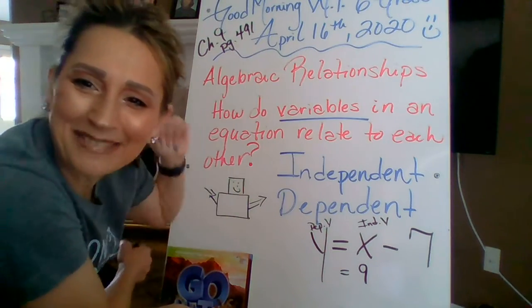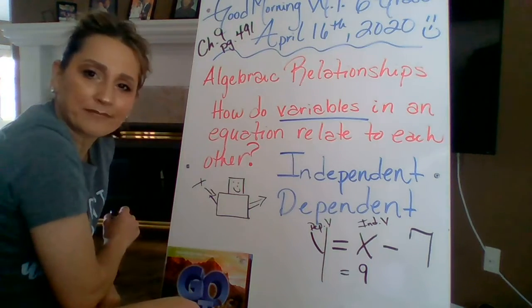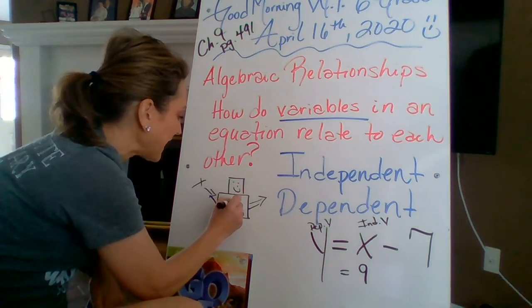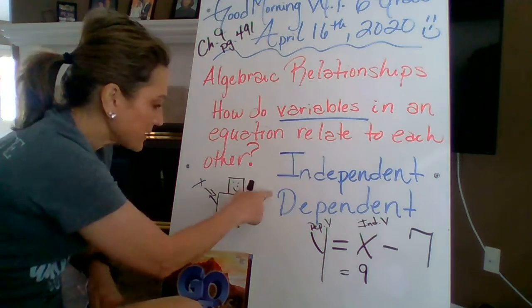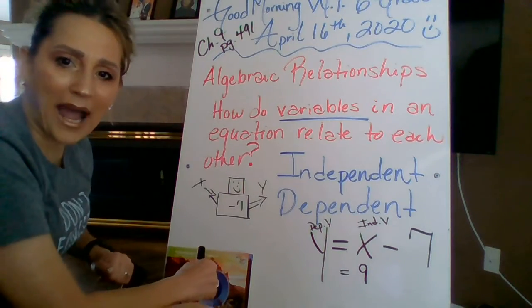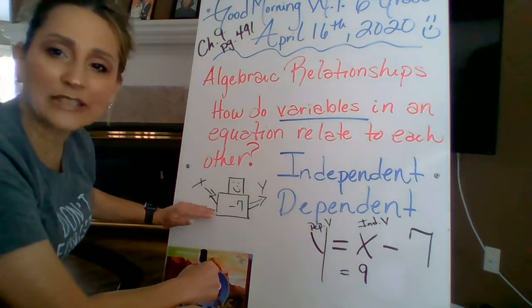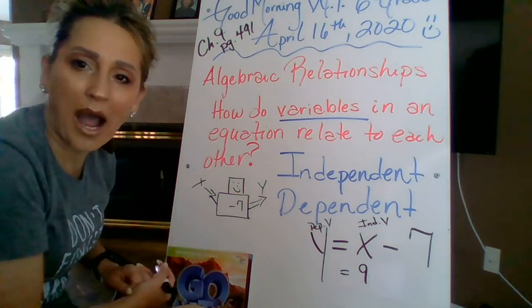Something goes in, something comes out. So if I said x goes in, and when it gets in here, I'm going to take 7 away from it, something is going to come out, which in this case will be the y. X goes in, I take 7 away from x, out comes the y.